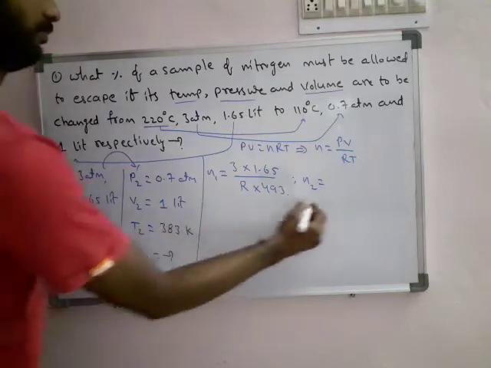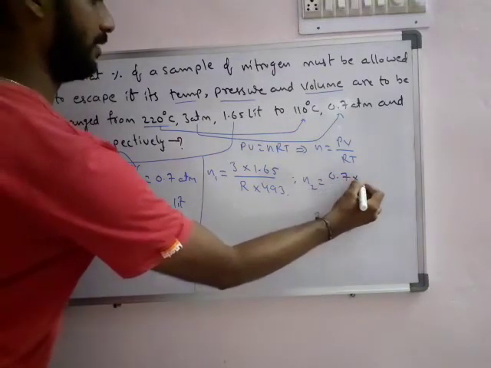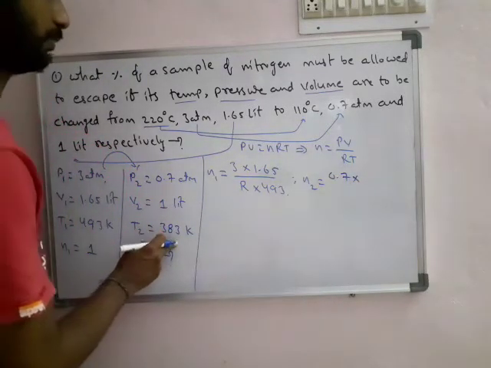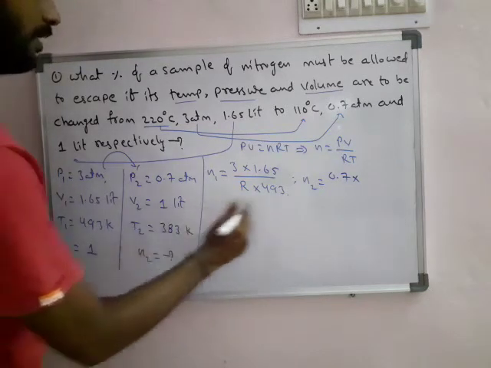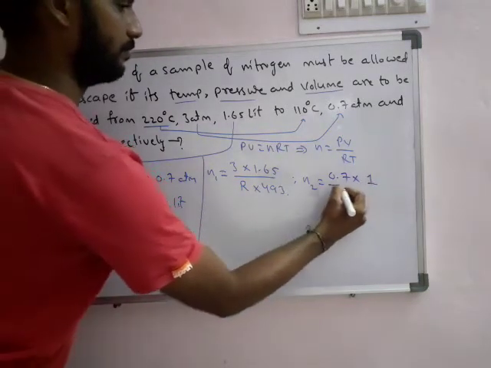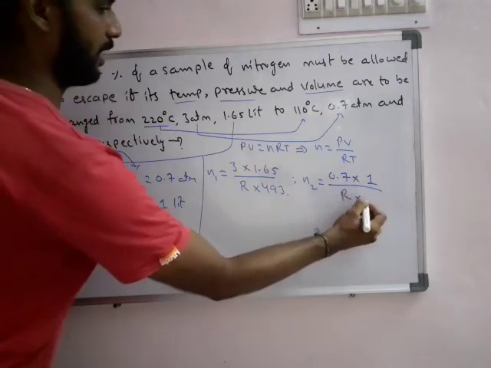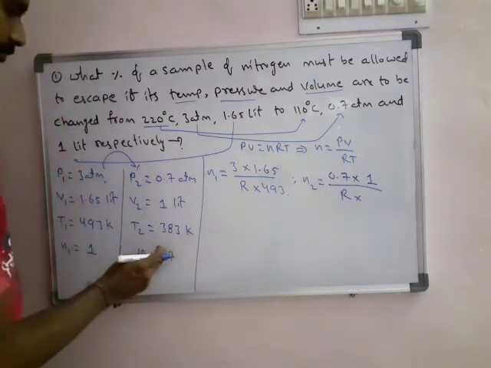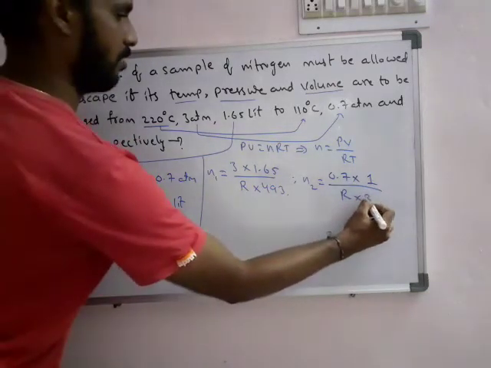So what is the P2? 0.7. What is the V2? That is 1 liter. R value same. What is the T2? 383.